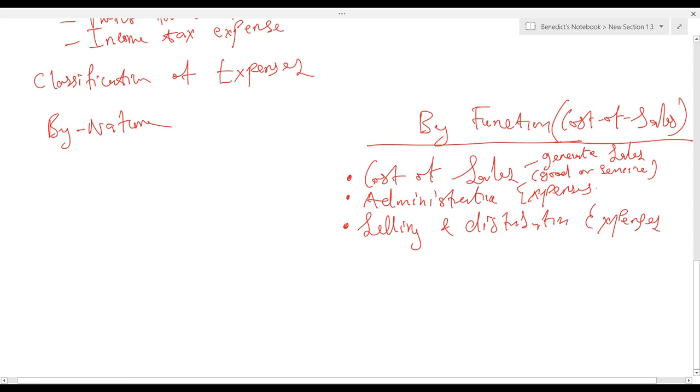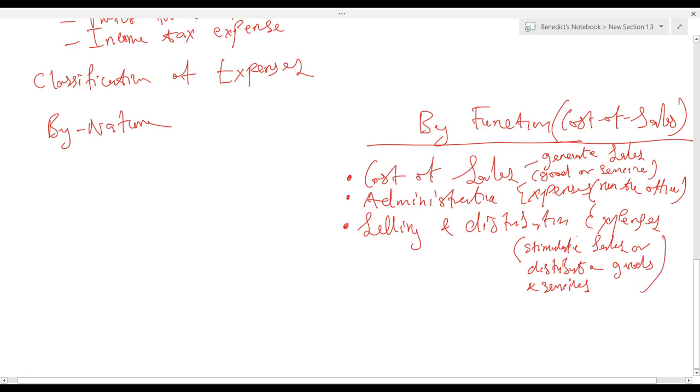Now, if the function of that expense is to run the office, then it is administrative. If the function of that expense is to either stimulate sales or distribute the goods and services, then it comes here. So salesman commission, promotional expenses, there will be selling and distribution.